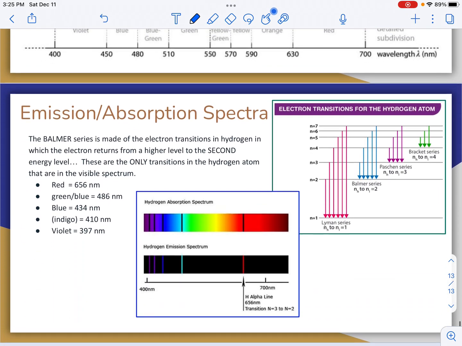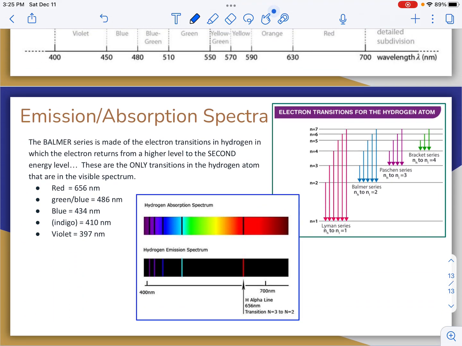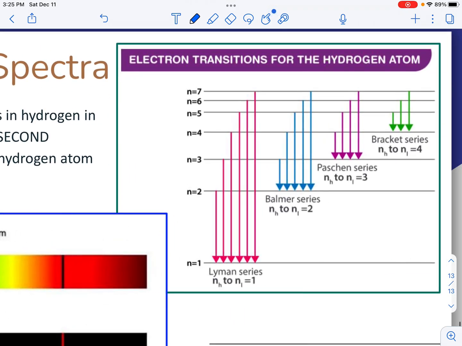One more thing I want to talk about with you, and that would be the emission and absorption spectrum and how they're formed and what happens. And this is actually something that Bohr worked with. So what happens is that most of the transitions from the electron in the hydrogen atom, the one electron in the hydrogen atom, we would picture would be from energy level 7 or 6 or 5 or 4 when they've excited down to the first energy level.